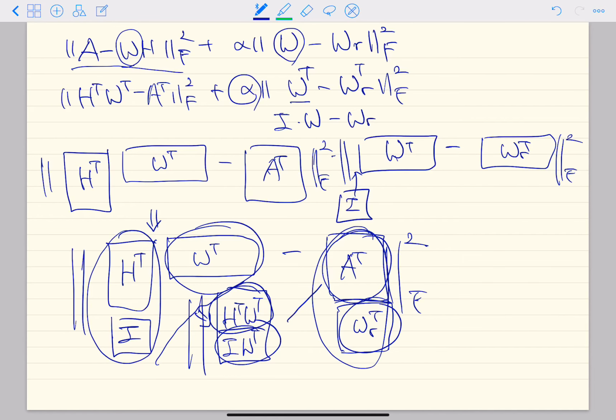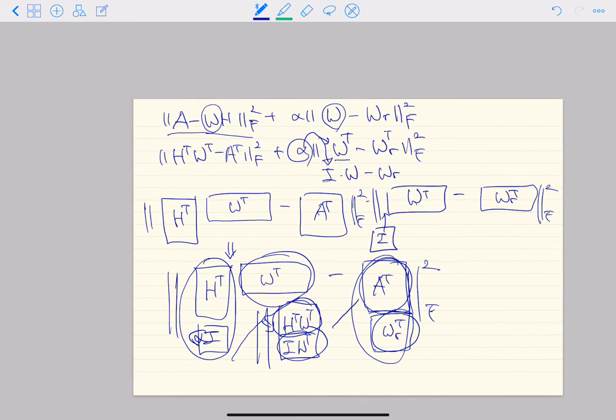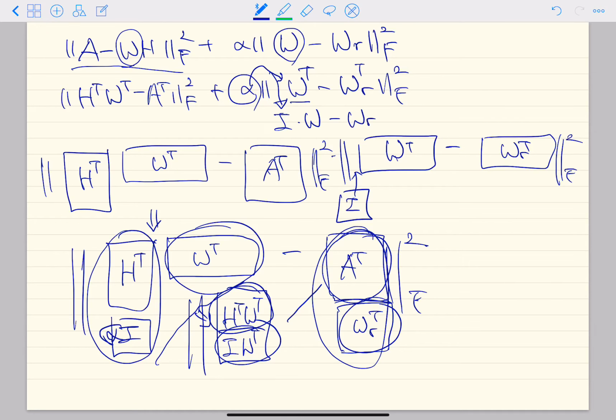So here, we have an alpha over here. So we have square root alpha by just putting it into this identity matrix. Okay, so we viewed this kind of case when studying the regularized least squares problem and their normal equation derivation, right?